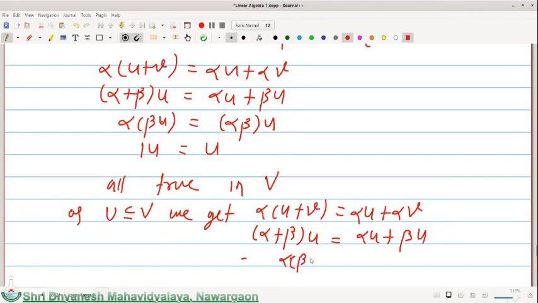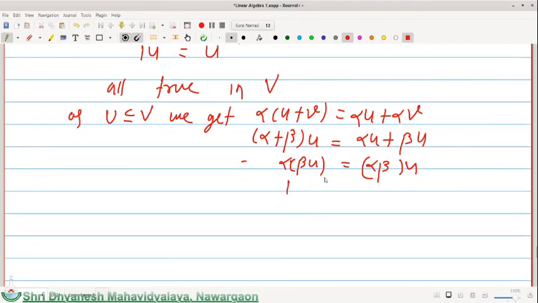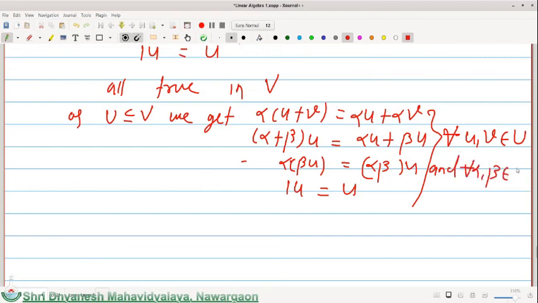Alpha into beta into u equals to alpha into beta into u, and 1 into u is equals to u, for all u, v belongs to U, and for all alpha, beta belongs to field F. Okay, therefore V1, V2, V3 are verified.